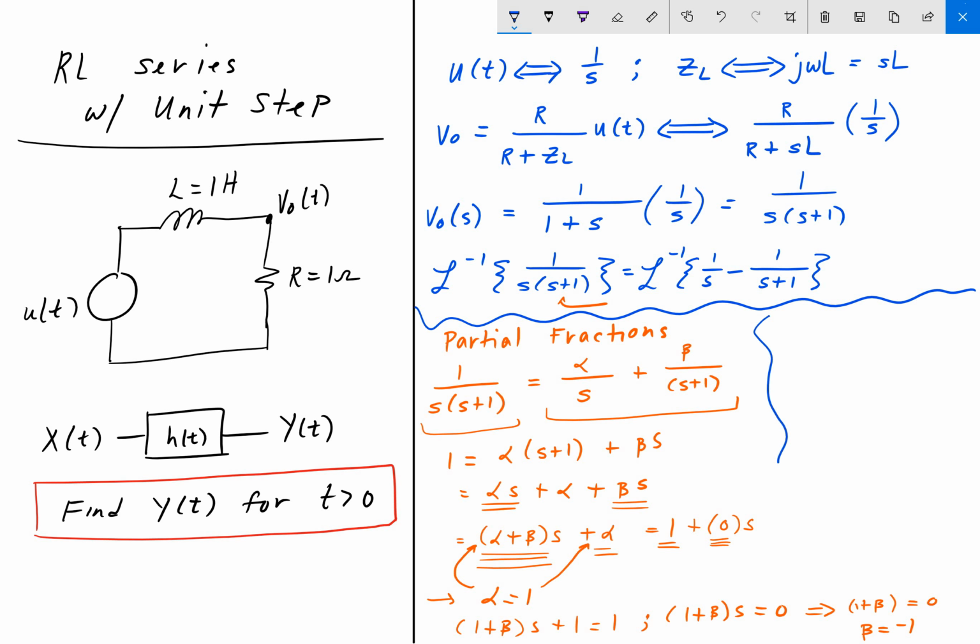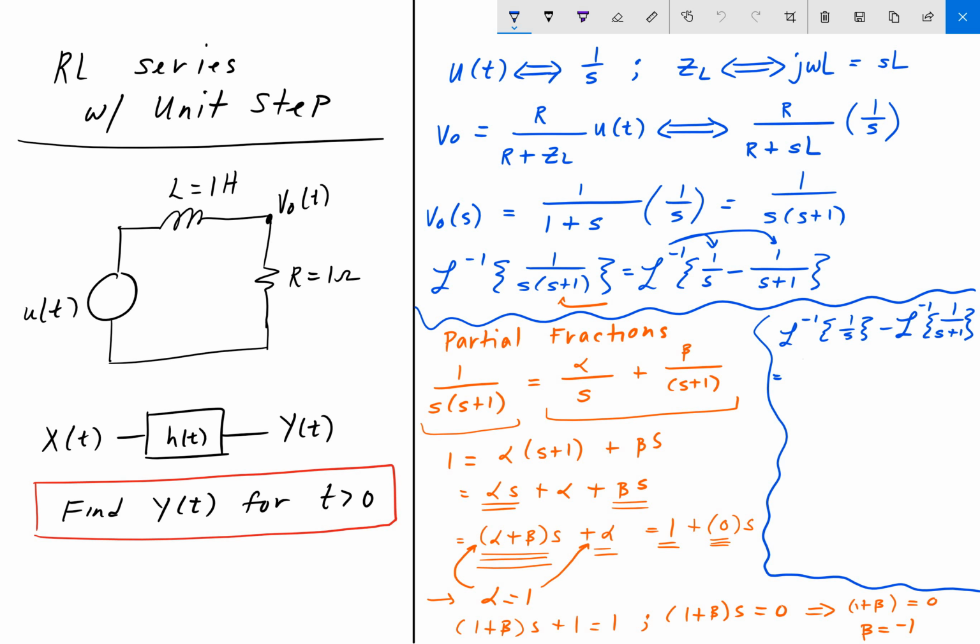And so remember that the Laplace transform is a linear function, so we can actually distribute this Laplace transform to both of these here. So this is equivalent to saying the inverse Laplace of 1 over s minus the inverse Laplace of 1 over s plus 1.